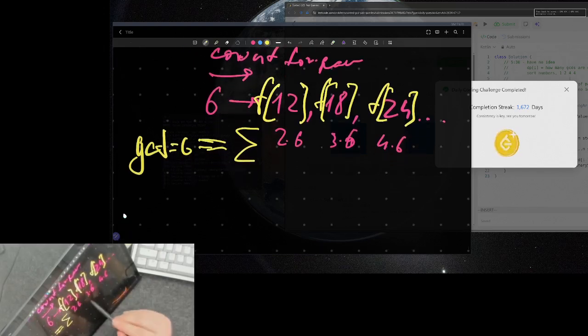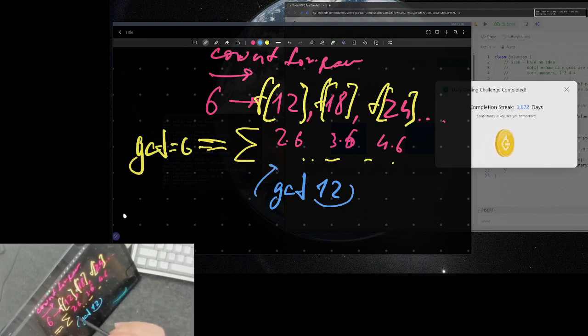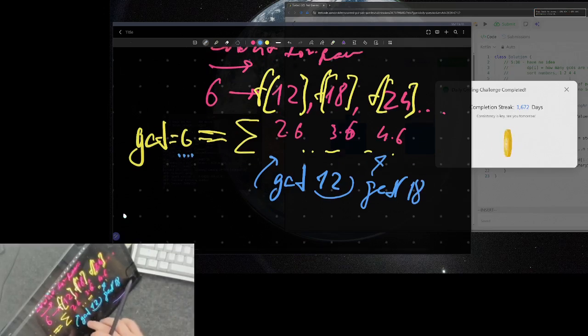this sequence would also include the answer for the GCD of 12, for example, and we want to exclude it from this, and the GCD of 18 we want to exclude from this, only to not overcount the GCD of 6.